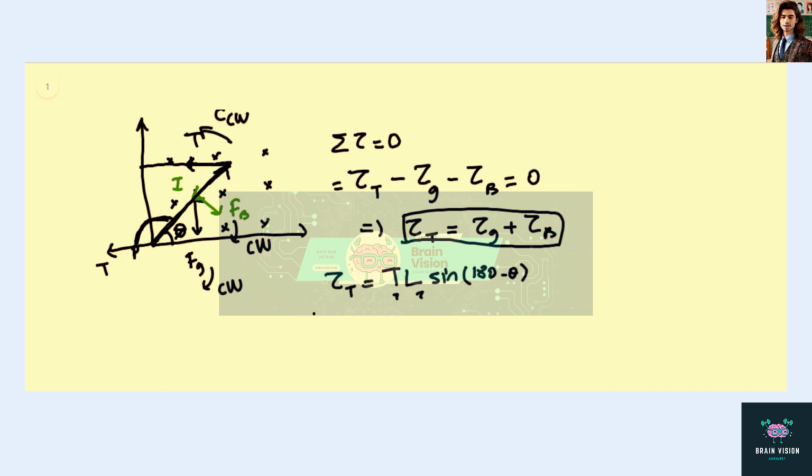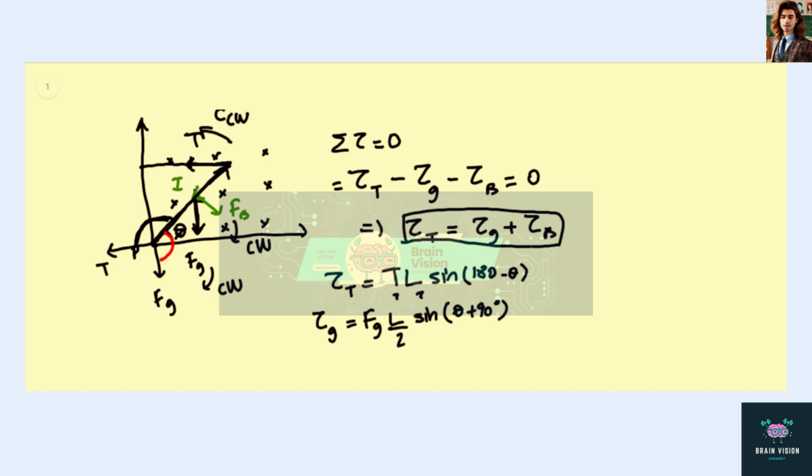And when we're writing the torque generated by the gravitational force, we have F sub G times L over 2, because that's the distance from where the force is applied to the pivot point, times the sine of the angle between F sub G and R. Again, we're going to have to carry the F sub G here. From there, you can see the angle between the two is theta plus 90 degrees.